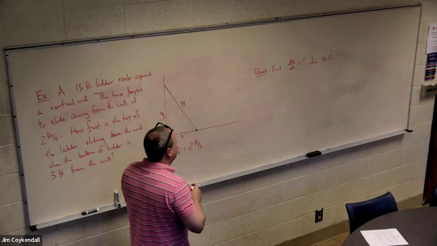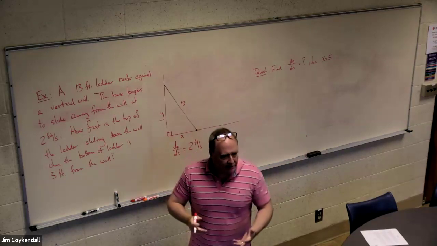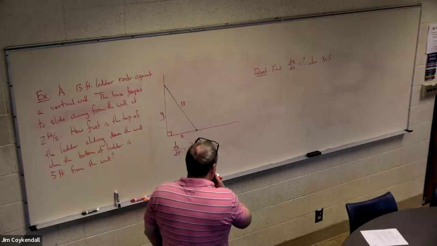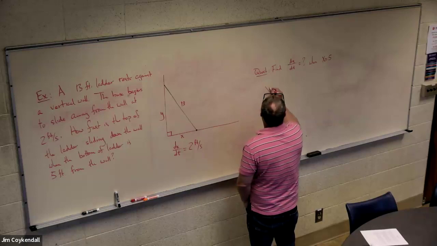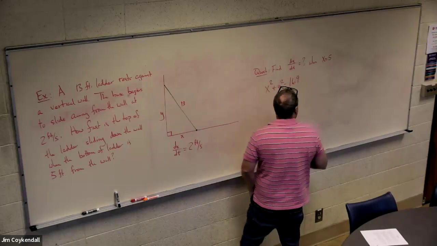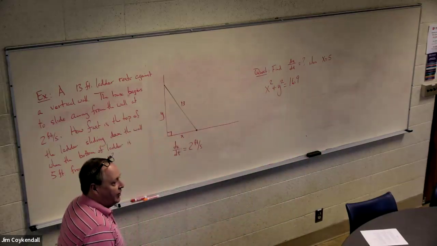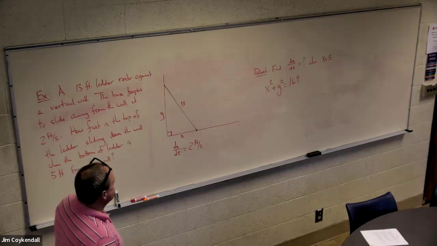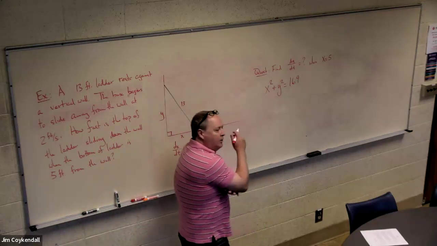X squared plus Y squared is 13 squared. Now at this point, by the way, what do you expect about the answer?